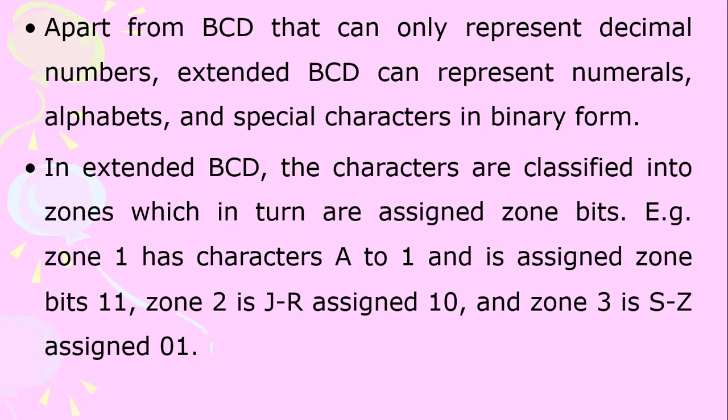It is A to I. So any character represented with the most significant digits being 1, 1 would mean that that character is within the range A to I. While any character represented in binary with most significant digits being 1, 0 would indicate that that character is within the range J to R. While any that commences with the most significant digits 0, 1 would mean that that character is within the range S to Z.